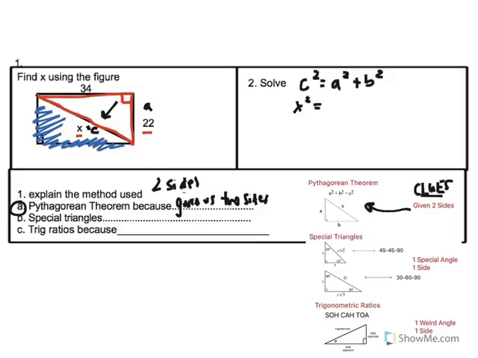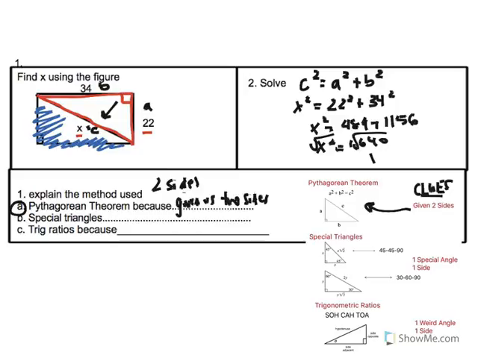So let's put the formula over here. We get c squared equals a squared plus b squared. Let's find c. C is always the side across from the right angle, also known as the hypotenuse. So x squared equals, this side will be a, this side will be b, 22 squared plus 34 squared.